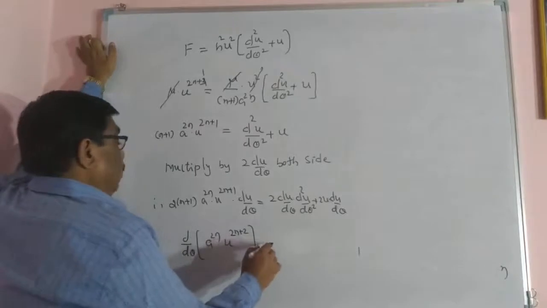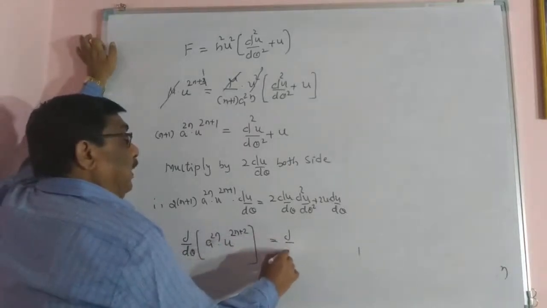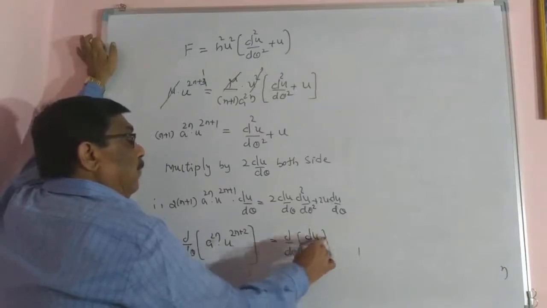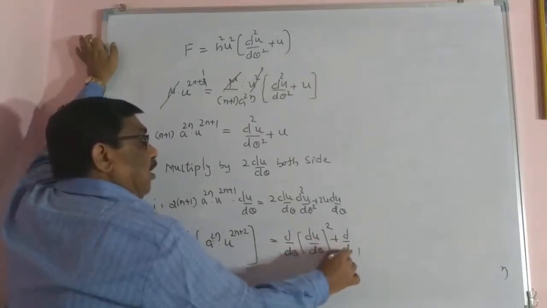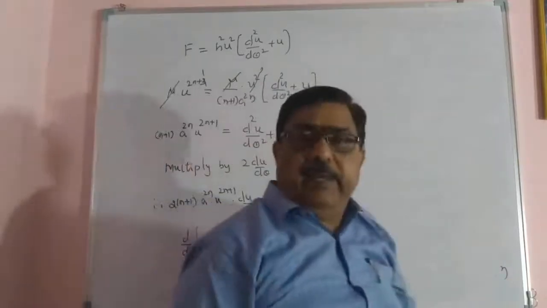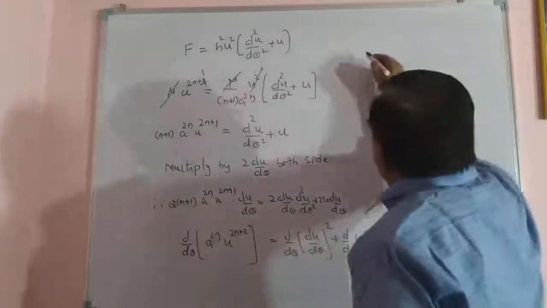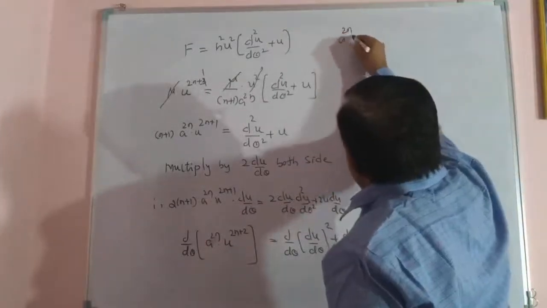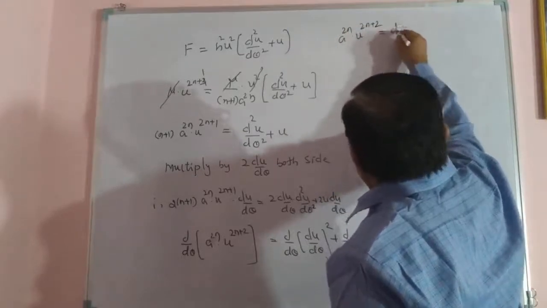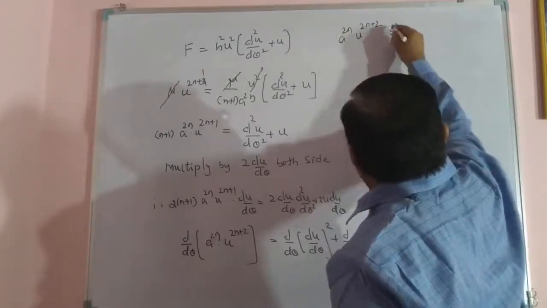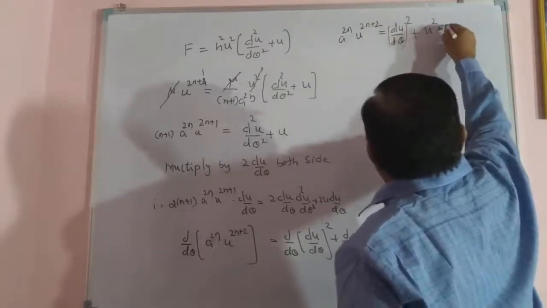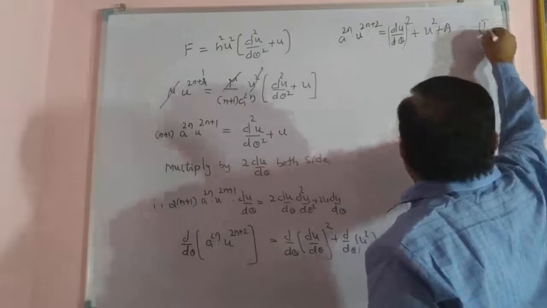This is equal to d by d theta of du by d theta whole square plus d by d theta of u square. Integration gives, if I integrate this, a raised to 2n u raised to 2n plus 2 equal to du by d theta whole square plus u square plus integration constant, call equation number 1.